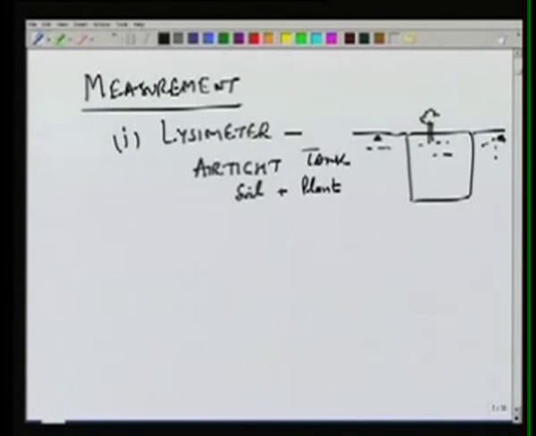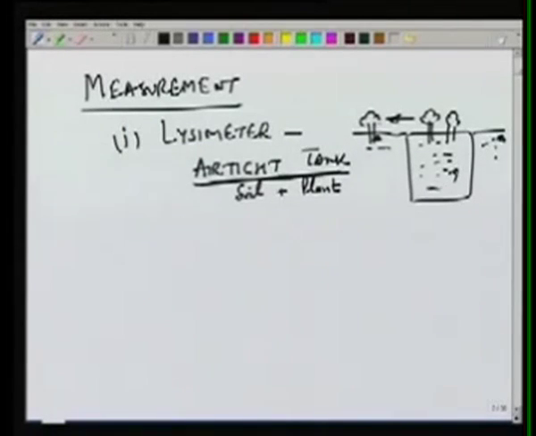The plants in the lysimeter should be similar to the plants which are outside the area so that the transpiration is almost the same. So the lysimeter or the airtight tank should represent the nearby conditions, the soil, the plants, and so on.